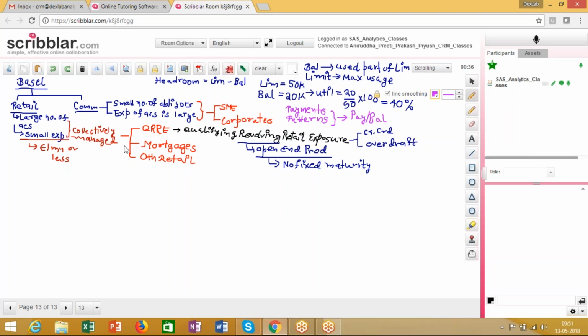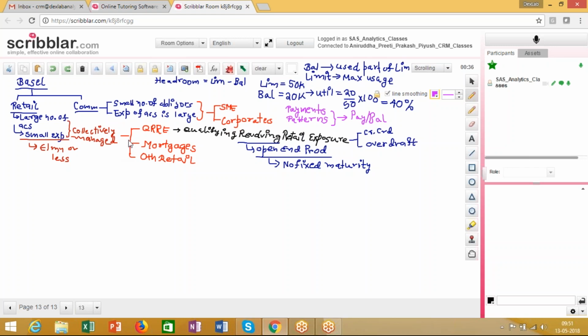If the guy's utilization is high as well as his payment balance ratio is also high, then I know that this guy is using the credit but he's paying it back in time. On the other hand, if a guy has a very high utilization followed by a very low payment balance ratio, then I know that this guy has a very high utilization of the credit, but he's giving back hardly anything.